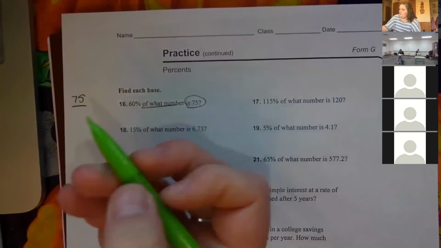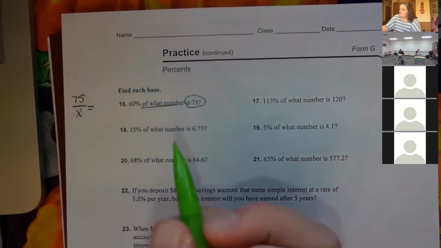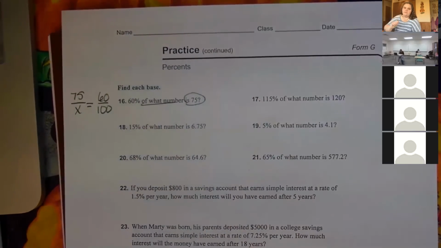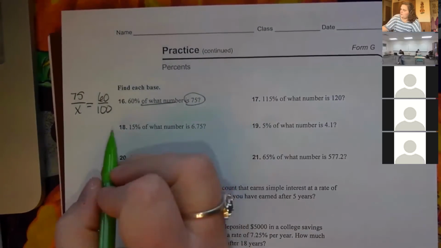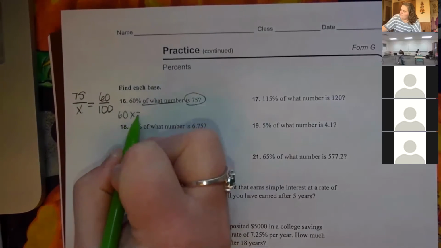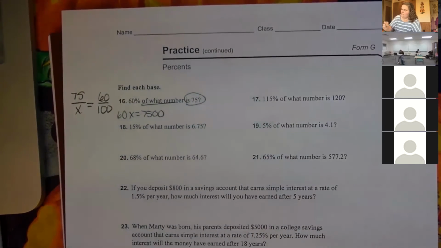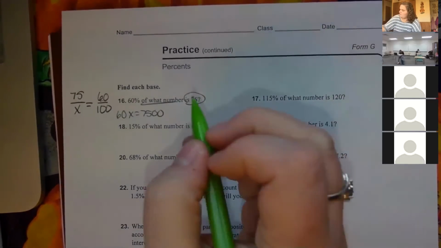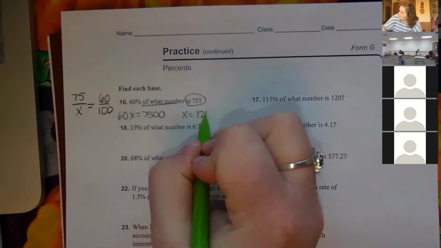Of what number? I don't know the of, so I'm going to put an X there. And then I know the 60%, so I'm going to put 60 over 100. Okay, so I have 60x equals 7,500. Got to divide that 7,500 by 60. X equals 125.